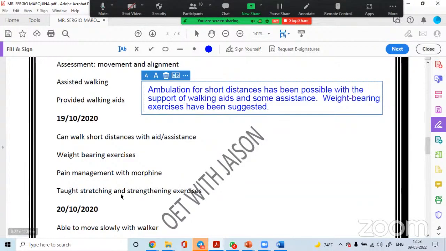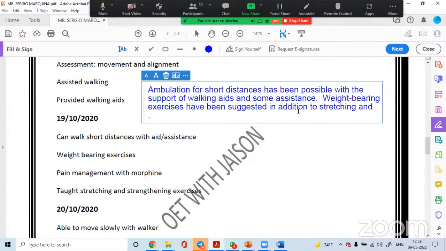Stretching and strengthening, extra weight bearing exercises suggested in addition to stretching and strengthening exercises. Okay, this is how you are supposed to write.